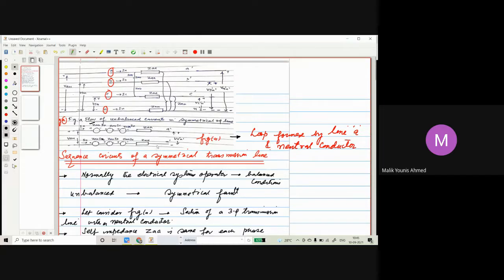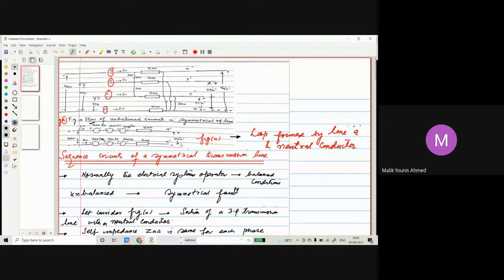Now the neutral conductor will come into play because there's an unbalanced condition, so current will flow through the neutral conductor. Because of the current in the adjacent phases, the voltages will be induced. So that will be ZAN IC, ZAN IB, ZAN IA, and ZNN is the self impedance of the neutral conductor, and the current is IN. So it should be very clear.